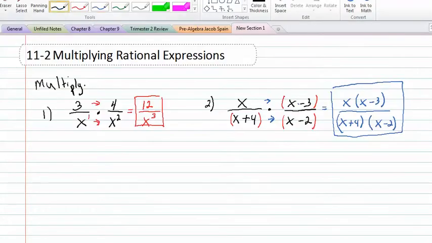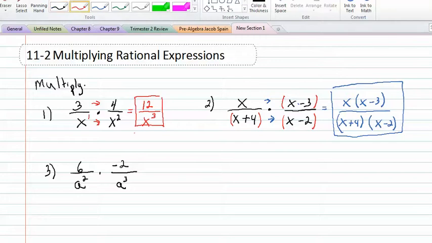Okay, number 3. Again, we're just multiplying. So 3 is 6 over a squared times negative 2 over a to the third. And I look to see if anything can be canceled, and they can't.